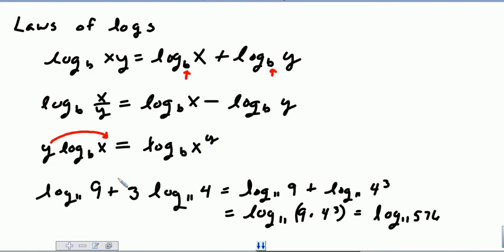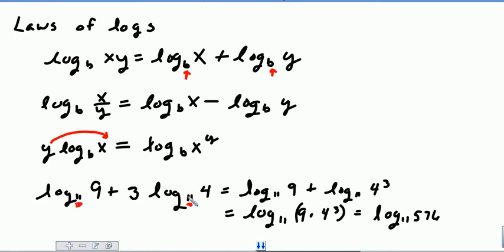Now, where do we use that? A lot of the times what we're doing is we're trying to simplify a long expression into a single log. For example, log base 11 of 9 plus 3 times log base 11 of 4. Now notice, both of these bases are the same number. Doesn't matter what they are, but they are the same number.